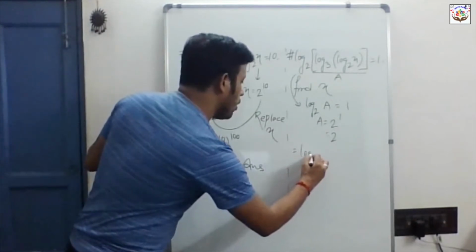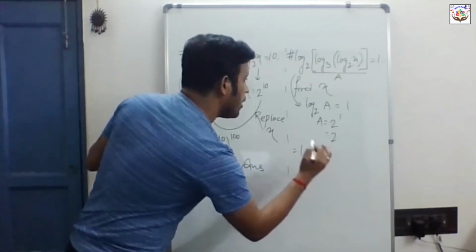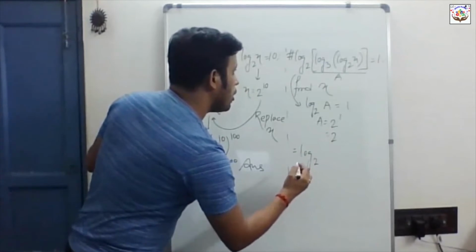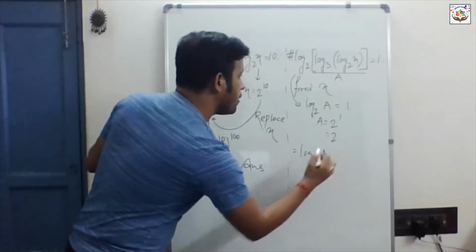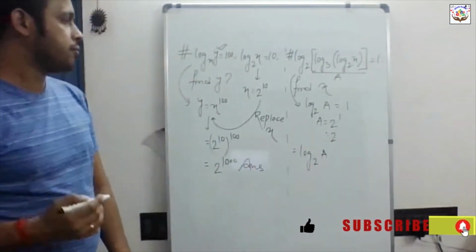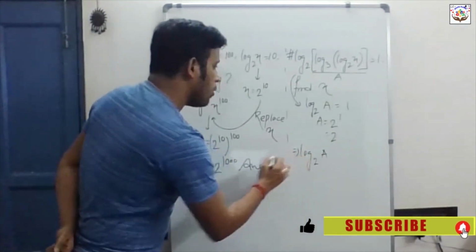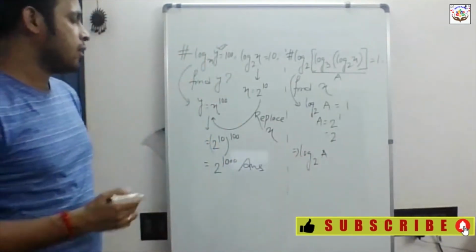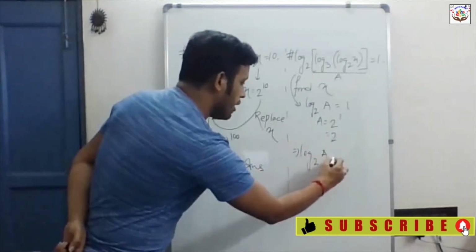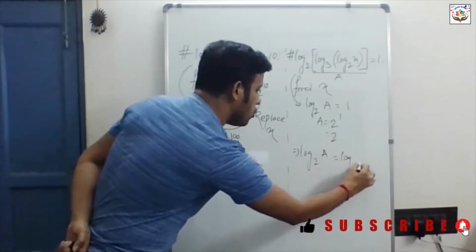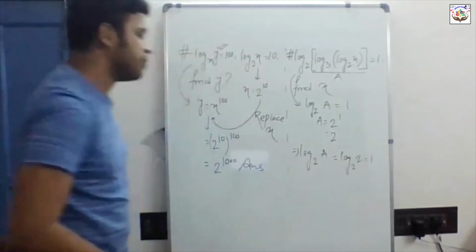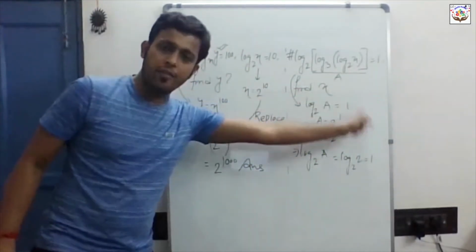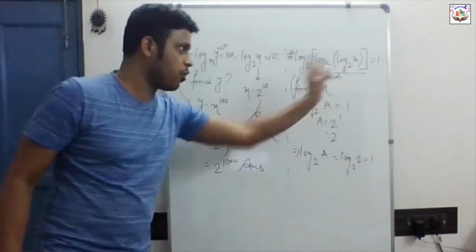Now from the original problem, log base 2 of A. Now we need to replace. If A equals 2, that is why log 2 is 1. So we can verify that this is a correct problem.